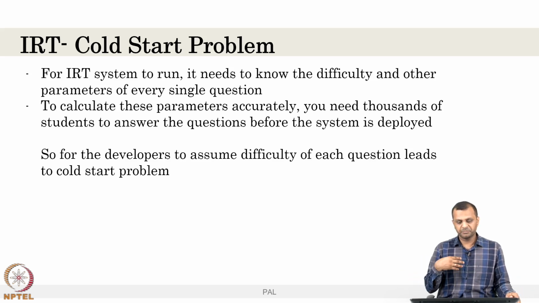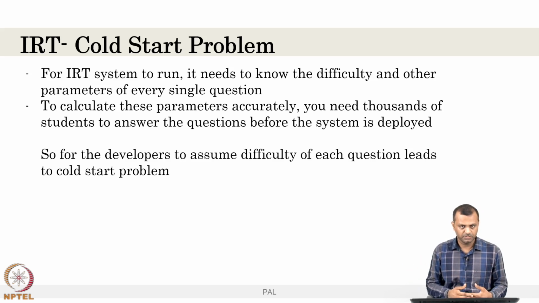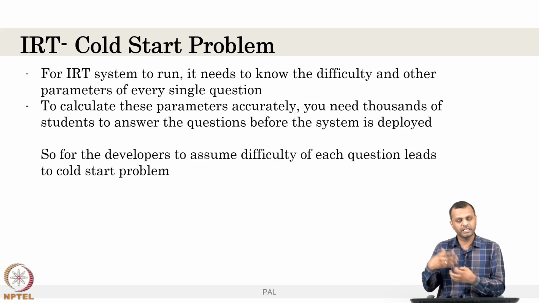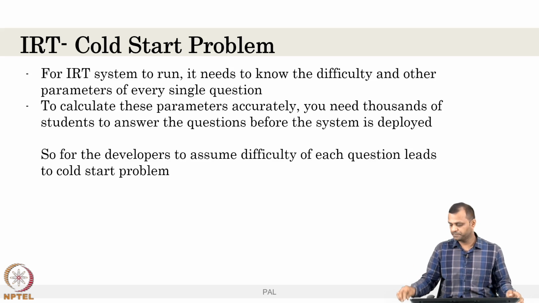You are the designer or expert in the particular topic, and you assume this is high level, this is medium level difficulty. If it is not matching the difficulty level or the expectation of the learner, then the whole system will not work. So we need to test it with thousands of learners, or at least hundreds, get their opinion on the difficulty level, tune it, then test it. If you do it directly, you will miss the idea.